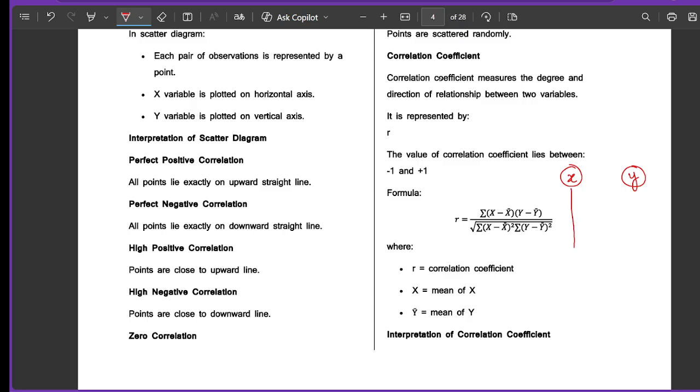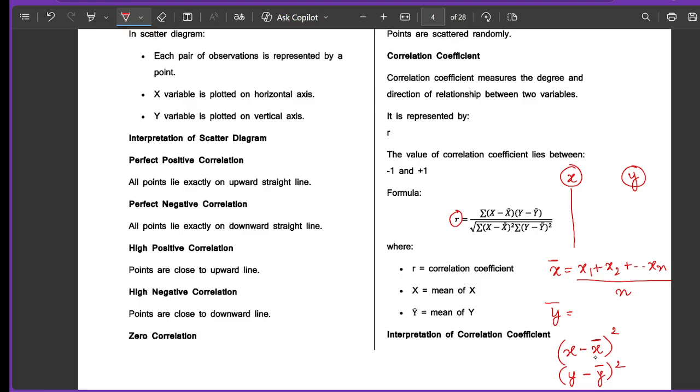Now you take out the mean of x, which is x1 plus x2 extending till xn upon n. Similarly, you take out the mean of y also, and then you subtract the mean from each value of x, and similarly the mean of y from each value of y, and then you square them by preparing a proper table.